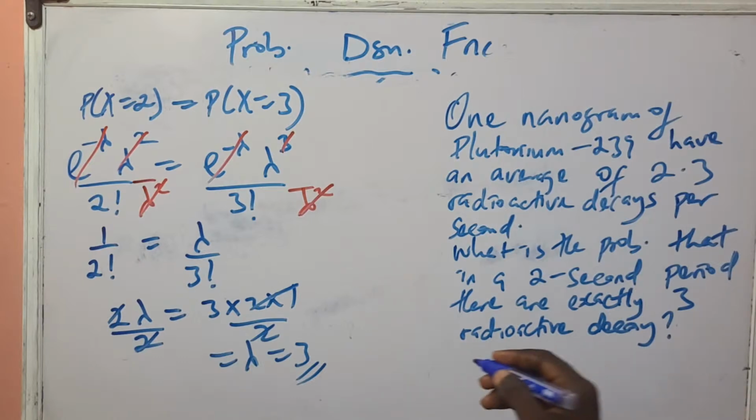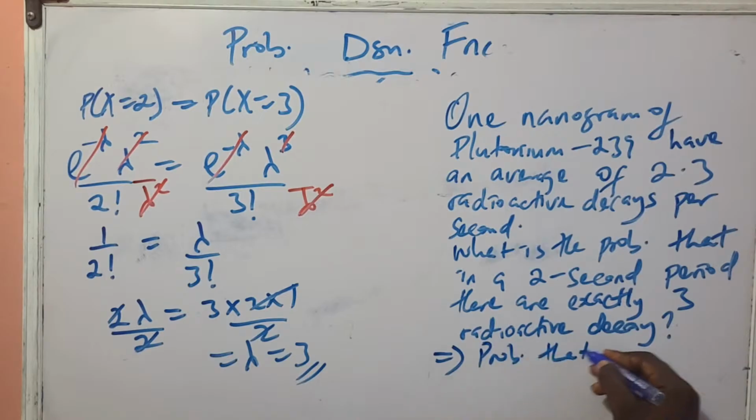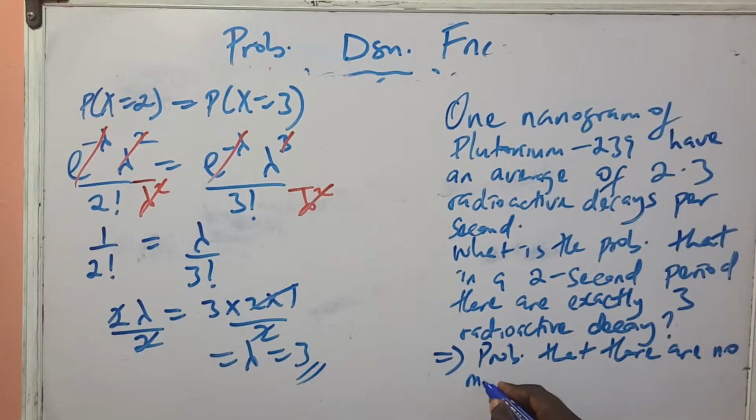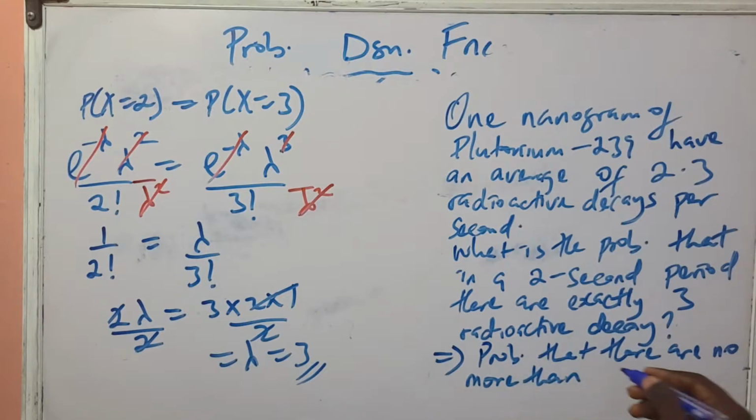Okay, and the subsequent question under it, still on this question, said find the probability that there are no more than 3 radioactive decays.